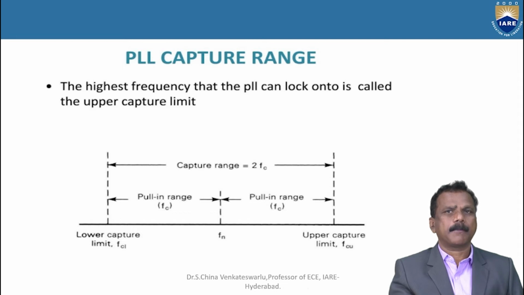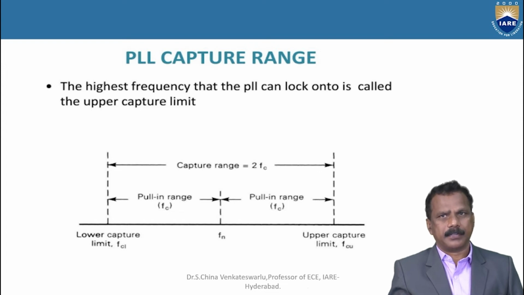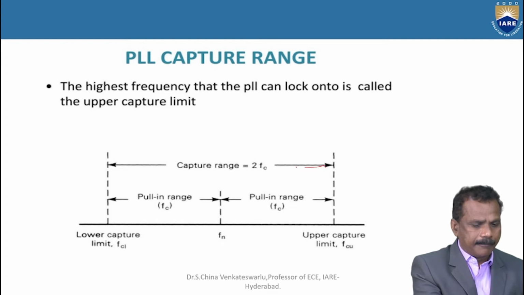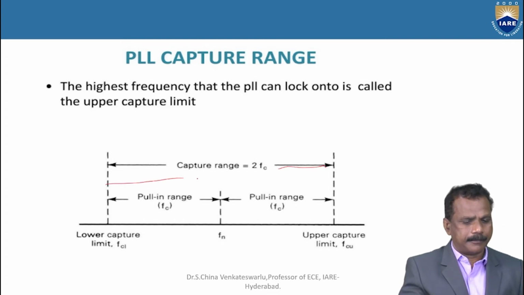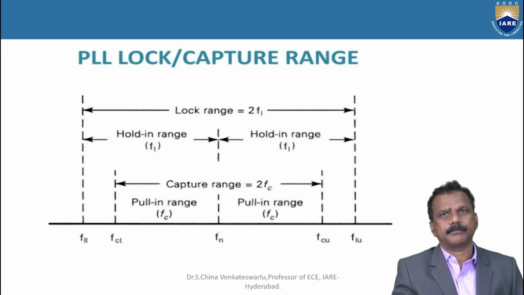The highest frequency that the PLL can lock onto is called the upper capture limit. The capture range is equal to 2 fc, because the pull-in range is fc. So you can observe that here, from the upper capture limit to the lower capture limit.